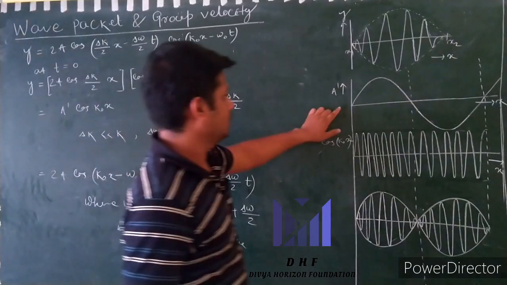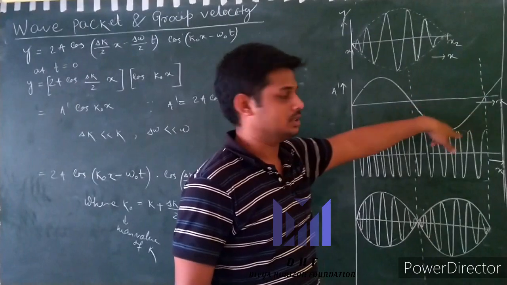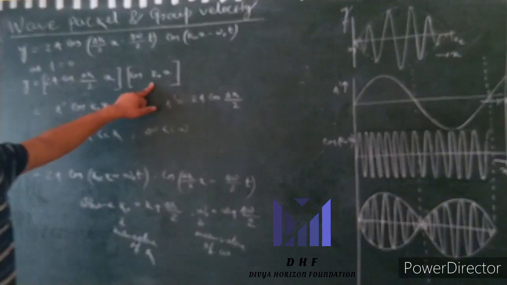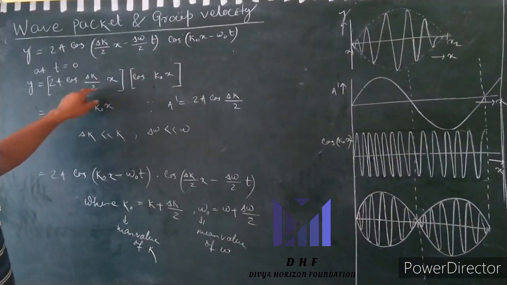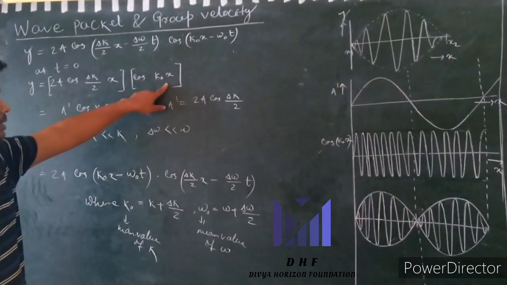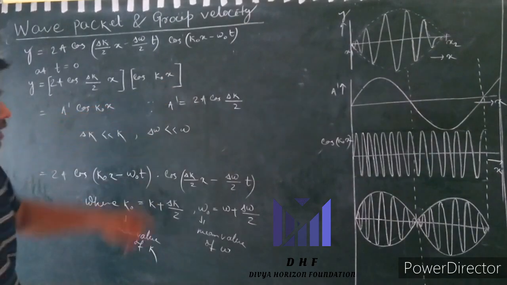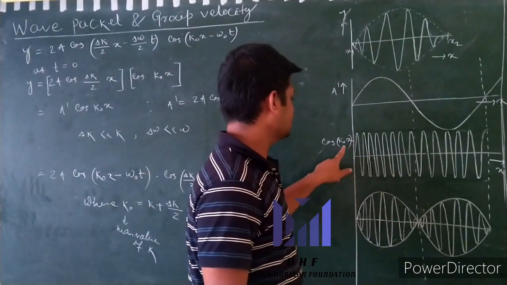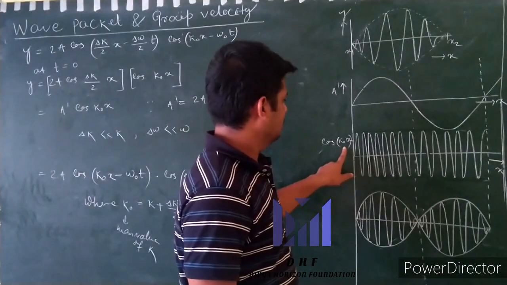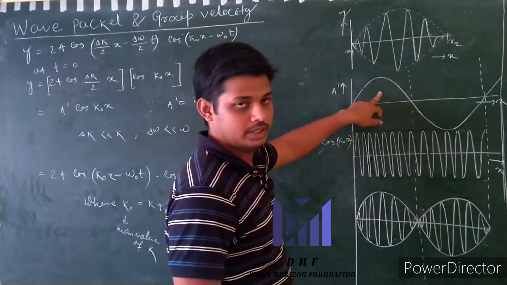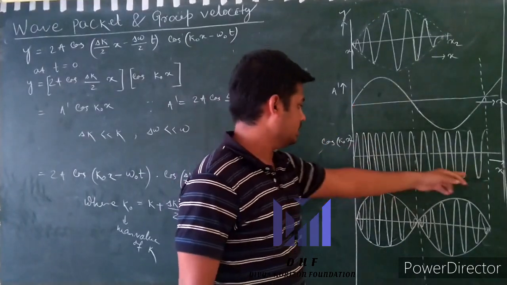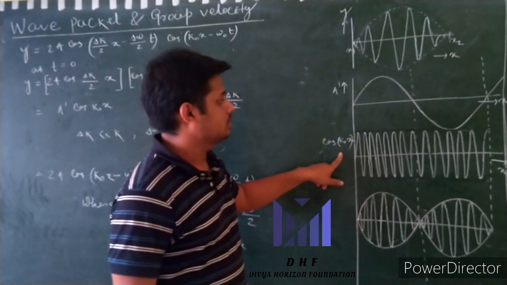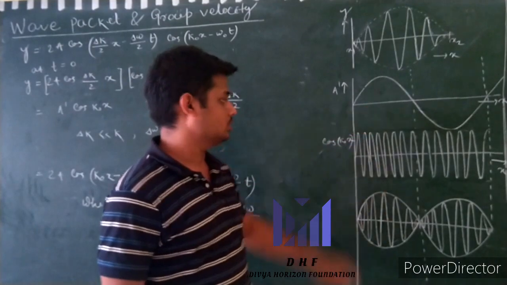Here k0 is very much large in comparison to del k. The variation of cos k0 x with respect to x is very rapid, more rapid than this curve. As x increases, the cos k0 x changes, and this change is more rapid than this curve.